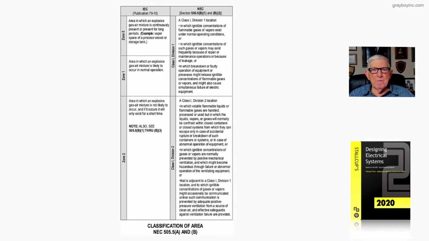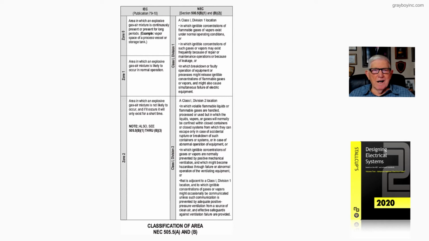And then finally, if the equipment could fail at the same time the gas and vapor could be present, an explosion could occur, then that would be a Class 1 Division 1 location. Now notice that's what your Zone 0 is equal to.